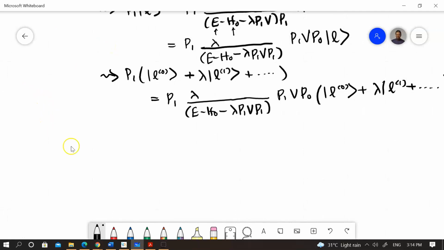So take linear terms in lambda. That means this and that. That gives you P1 L1 equals, over here there's already a lambda, so we can only multiply with that.